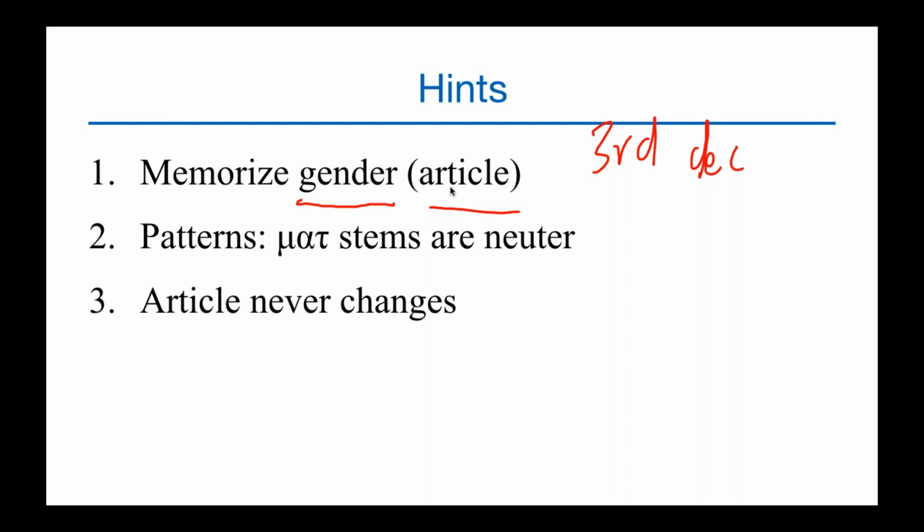Second declension masculine would end in an omicron, the actual word, not the stem. A sigma. Second declension neuter ends in nu. Yes.